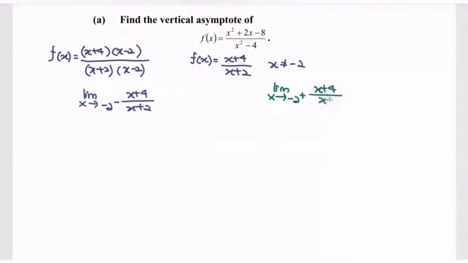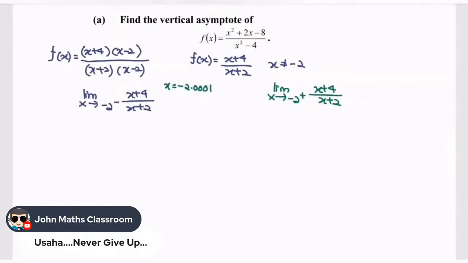The suggested value will be x is approaching negative 2 from the left. So means that we have negative 2.0001. As for the right, we will have the suggested value x is equals to negative 1.999.